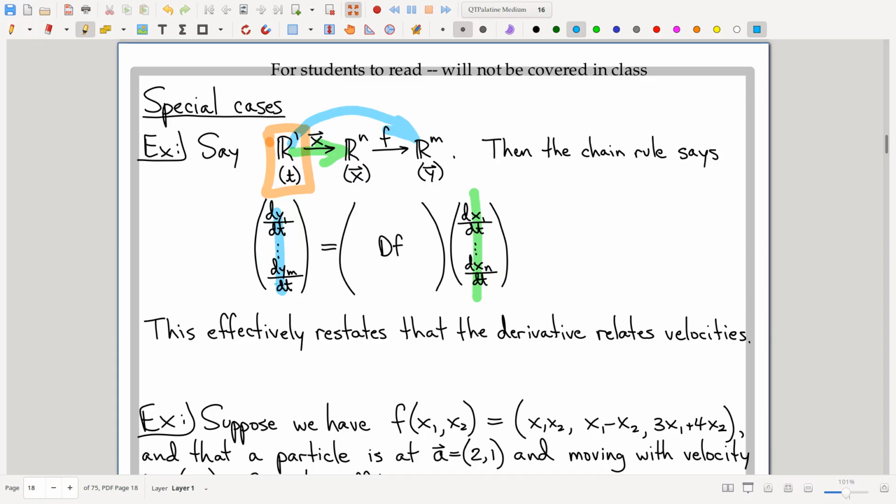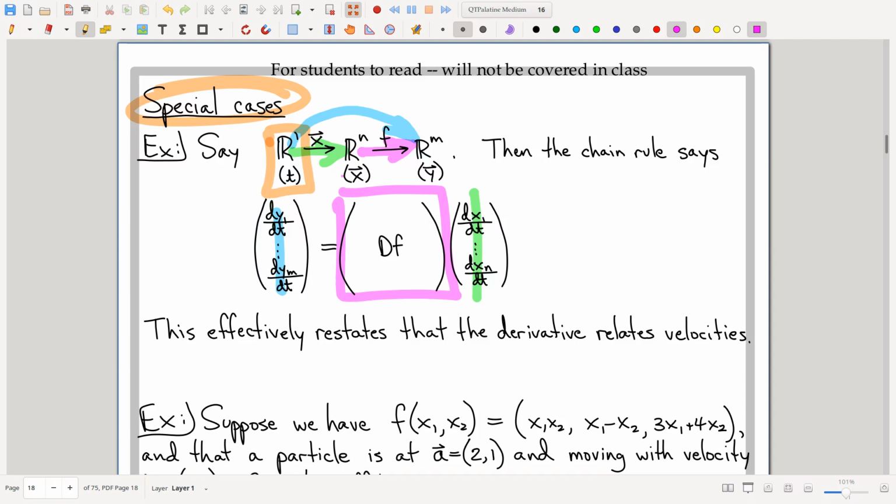Note also, both of these, the green and the blue functions, give position in one or the other of these spaces as a function of one parameter, let's call it time. Position is a function of time. These are parametric curves. And the derivative matrices, likewise, are velocities. So the takeaway, this special case, is there's just one original input. Effectively what you have is the chain rule becomes a statement about how the derivative matrix of f relates input velocities to output velocities.